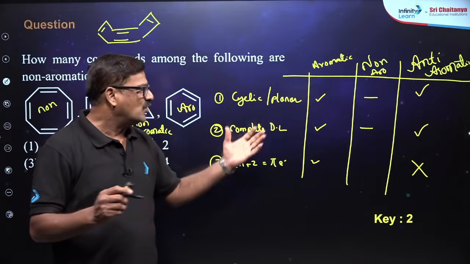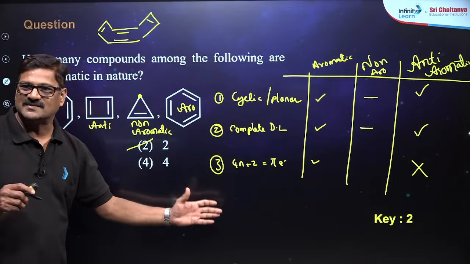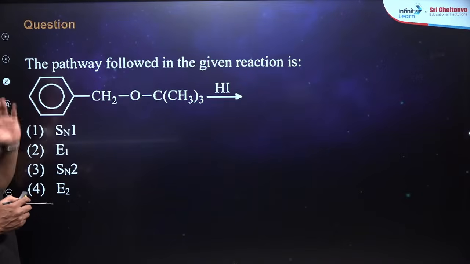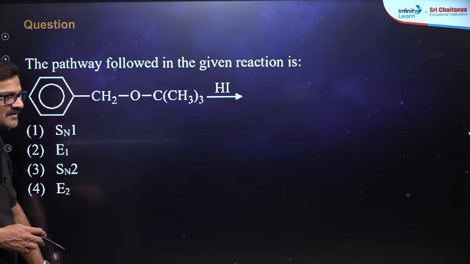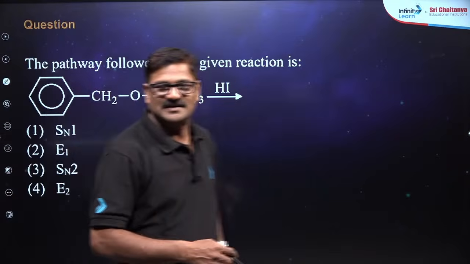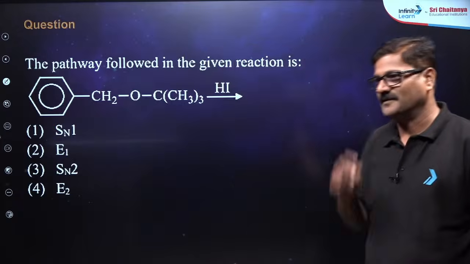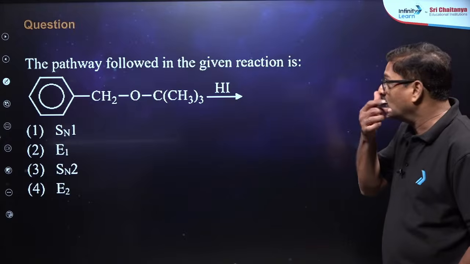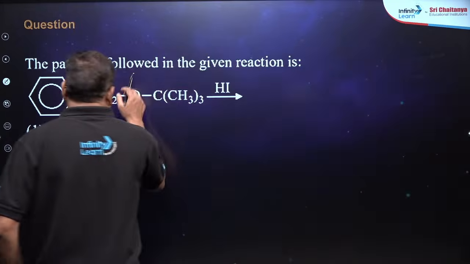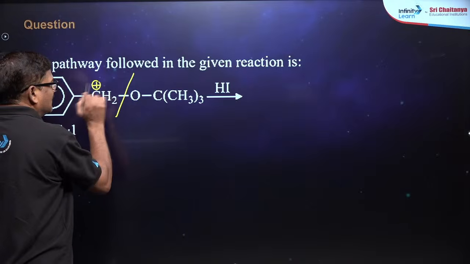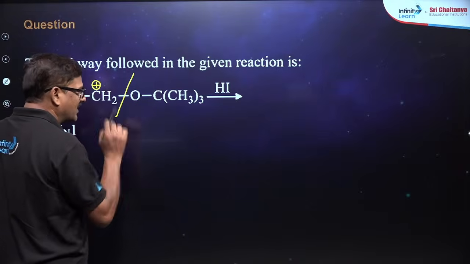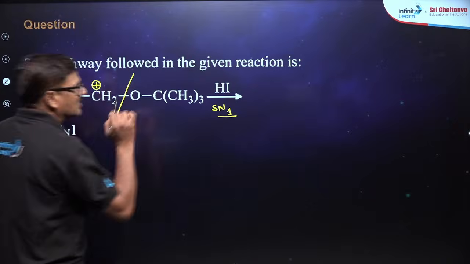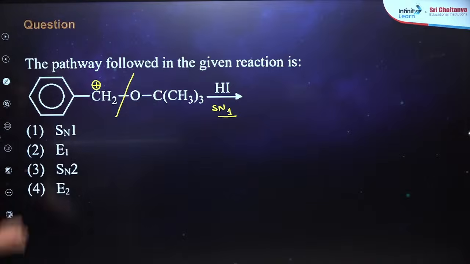So let us move ahead. I'm clear with this question. So let's do one more here. What is the pathway followed in this reaction? Now, it is forming a carbocation like this. Once it is protonated, whenever a carbocation is there, you can say it is a substitution nucleophilic unimolecular reaction.